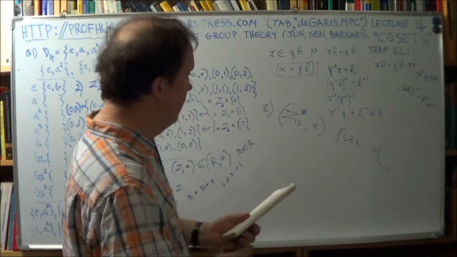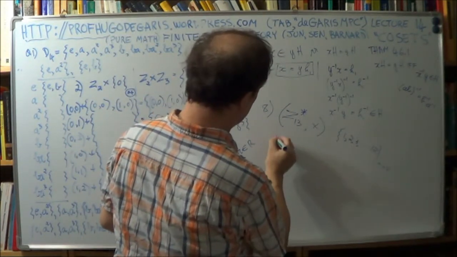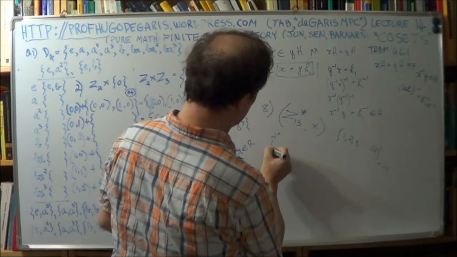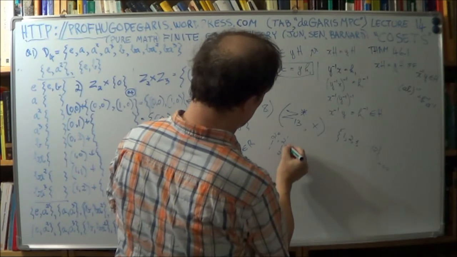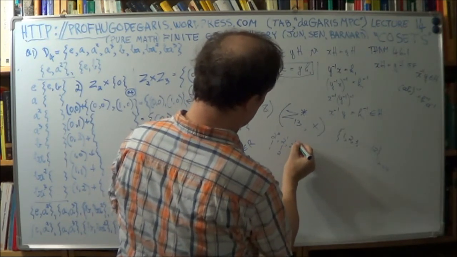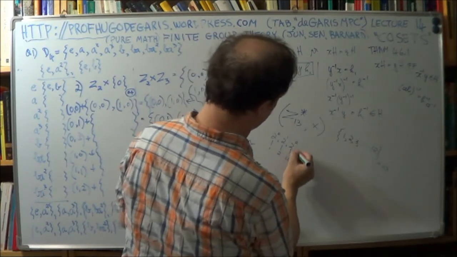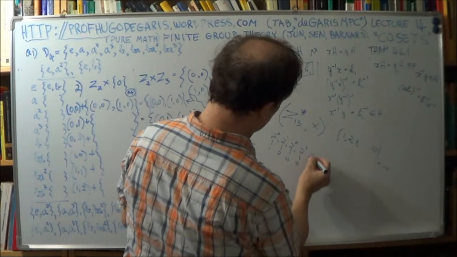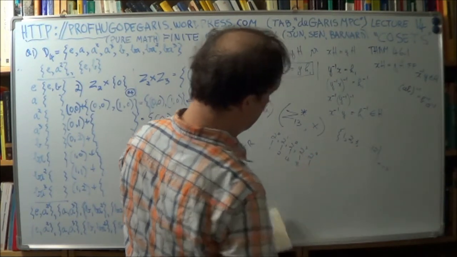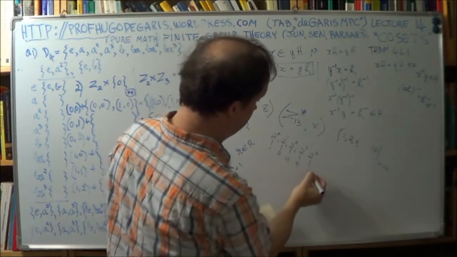Right? So 2 to the naught, that's just 1. 2 to the 1, so it's 2. 2 to the 2, that's 4. So so far we're generating, they're all different. 2 to the 3, that's 8. 2 to the 4 is 16, but we're mod 13, so that'll be 3.